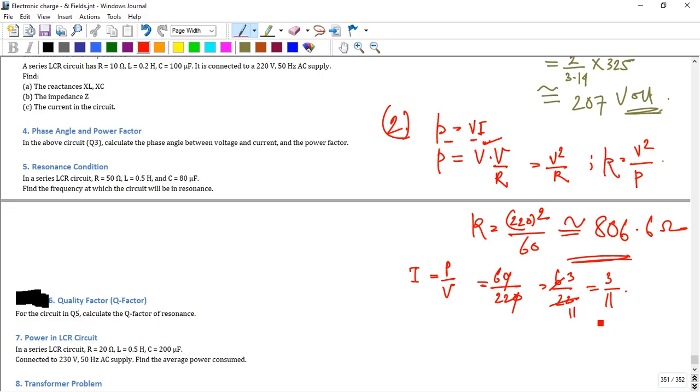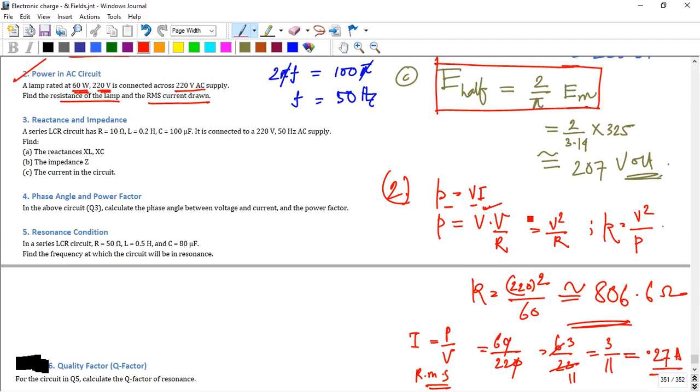That's the current. Okay, and this current is the RMS current, and that value is almost, if I solve this, 0.27 ampere. Okay, that value is very low. Okay, that's numerical number 2.